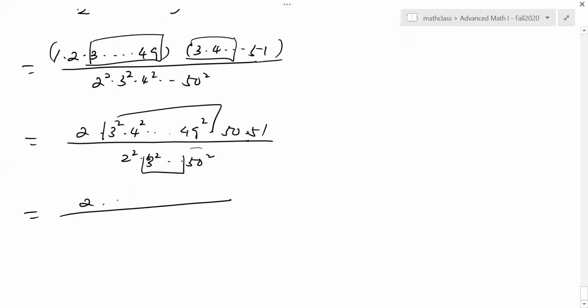So you get 2 times 50 and 51, and 2 square, and 50 square. It's 51 over 100. Wow.